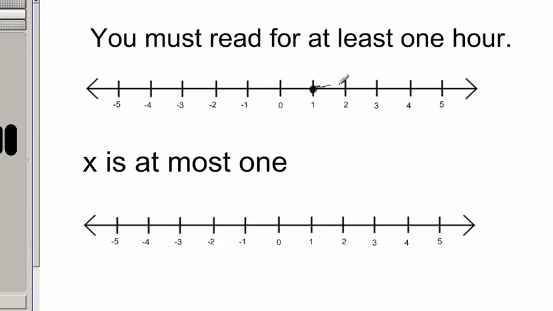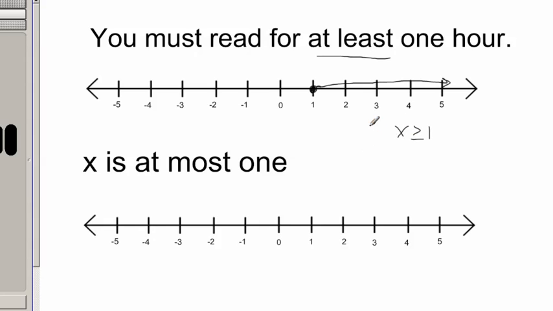So I'm going to draw that ray coming from 1. But I'm including 1. So if I write the inequality, I have x is greater than or equal to 1. That's what at least means. At least means greater than or equal to.